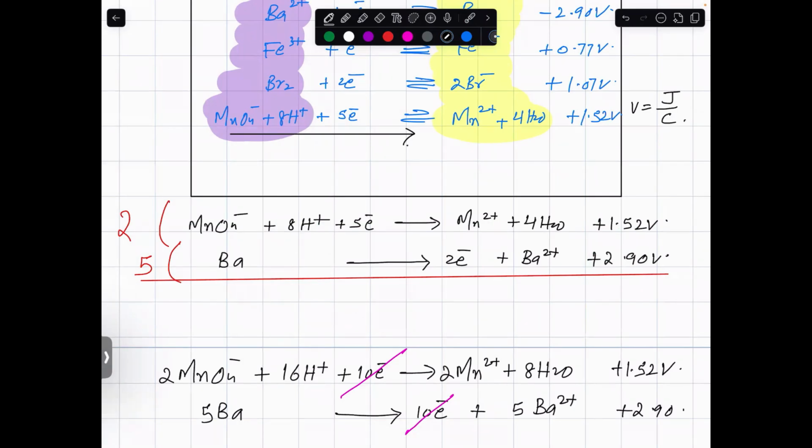When you multiply the electrons, there are more joules and more coulombs because the charge is more, but the ratio remains the same. So this will not change.